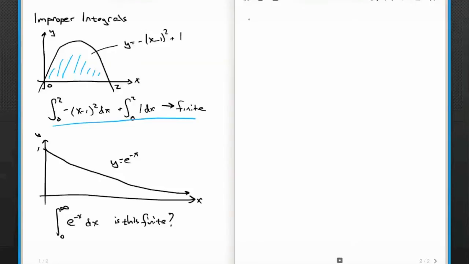So rather than deal with this infinity here, I'm going to rewrite this integral as the integral from 0 to, I'm going to say b, some upper bound, of e to the negative x dx, right? Well, to solve this integral, I could just say that u equals negative x, so du equals negative 1 dx, which means I need a negative sign, because I don't have a negative sign here, so I'll just put a negative sign in there, which means I have to put a negative sign out there.